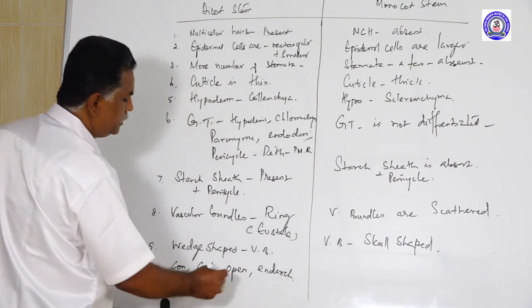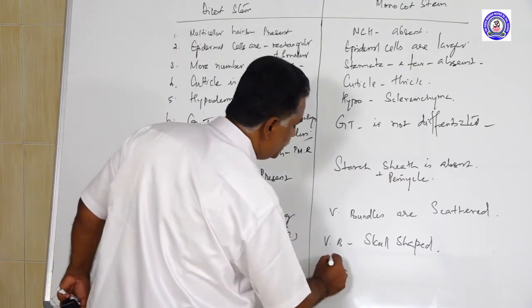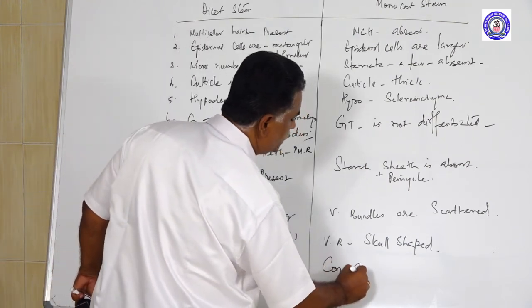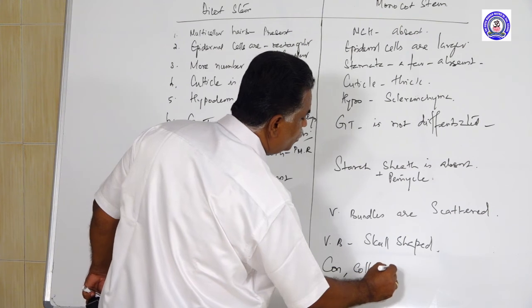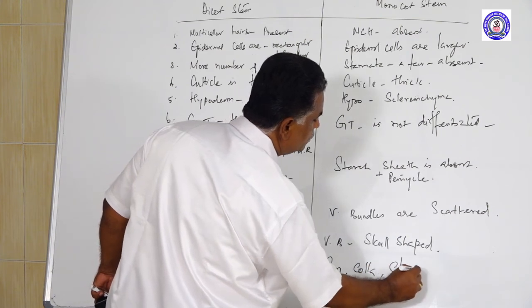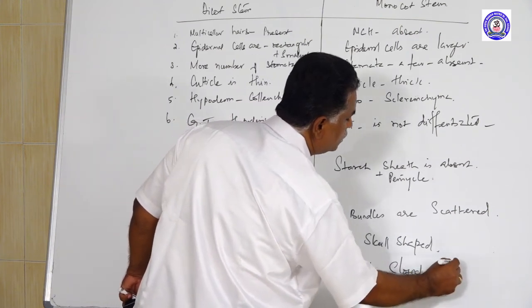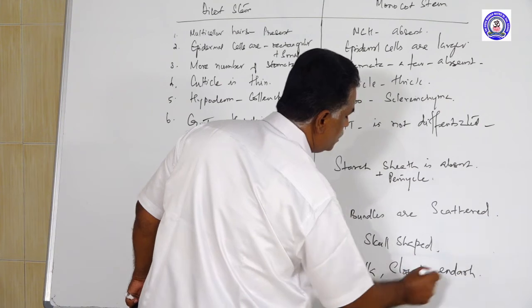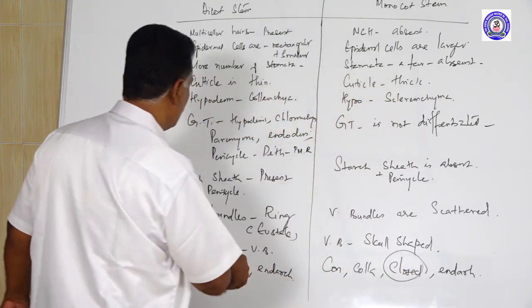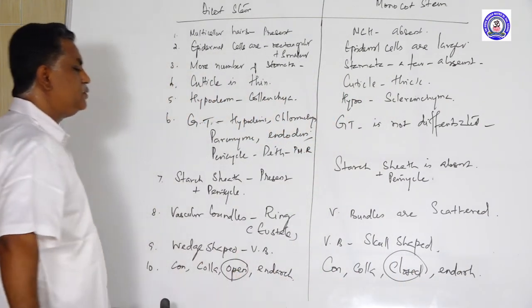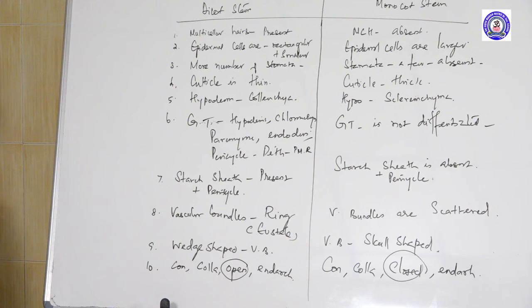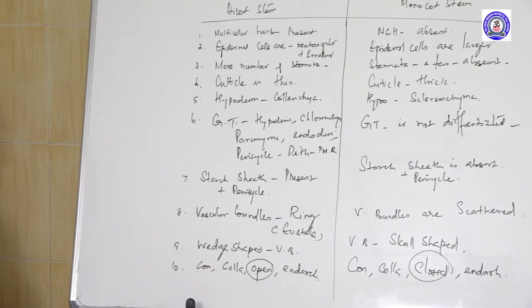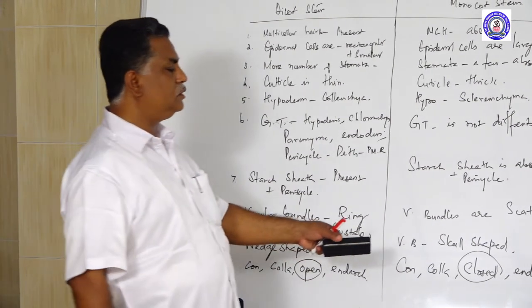Here, only one difference: in monocot, conjoint, collateral, closed, and endarch. Closed here, open there. Presence of cambium makes it open, absence of cambium makes it closed.